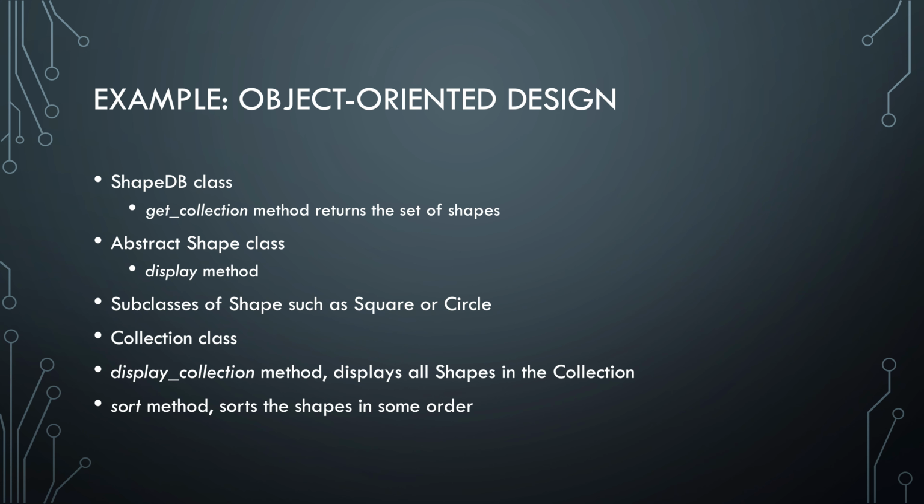We have an abstract shape class with a display method that defines a generic interface for dealing with and displaying shapes. We define specific subclasses such as square and circle. We have a collection that deals with managing the list of shapes. And finally, we have a display collection method that can display shapes in a collection, and we have a sort method that can sort shapes in some order.